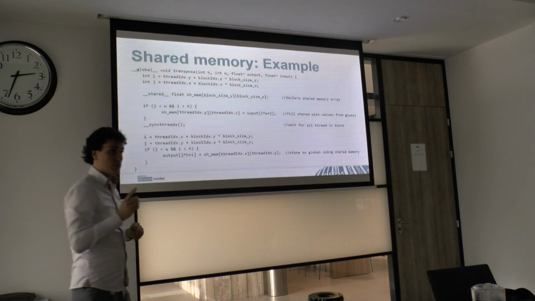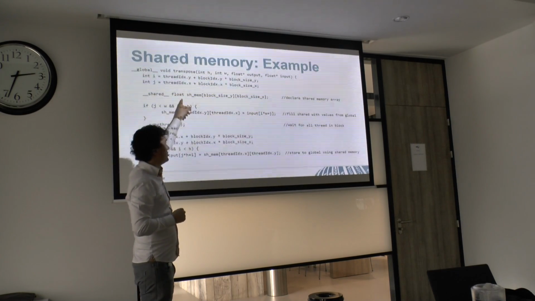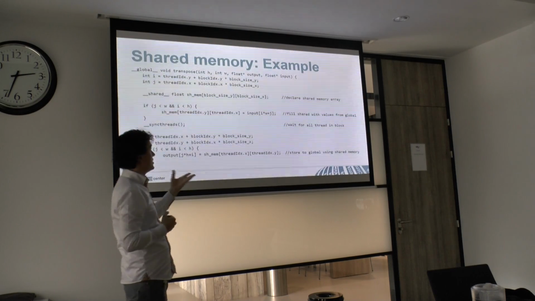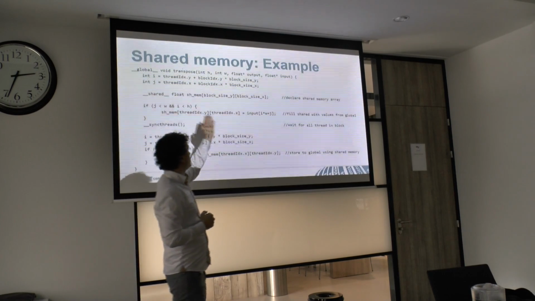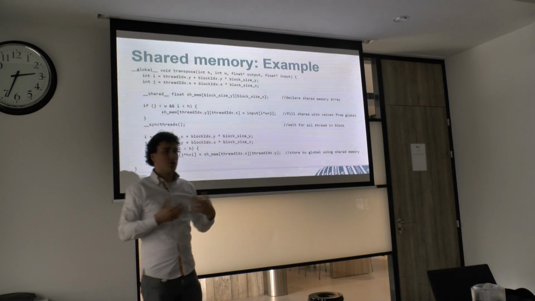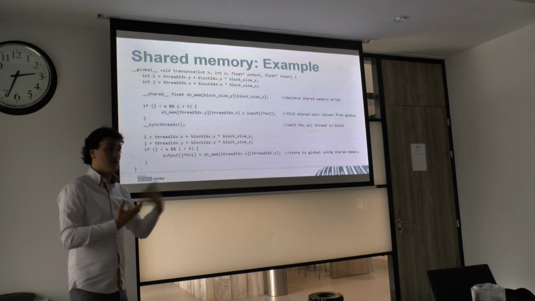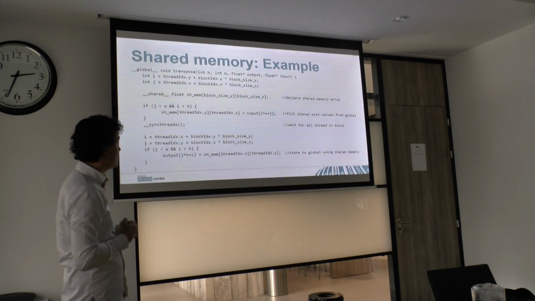And that's a problem. So what we are going to do now is allocate a two-dimensional area of shared memory equal to the size of this thread block. I'm assuming that block size x and block size y are compile time defined constants that match the thread block size with which this kernel is launched.